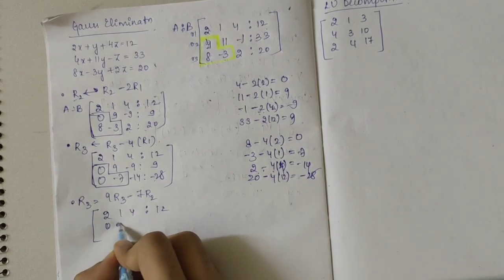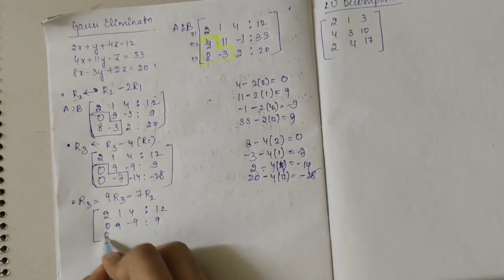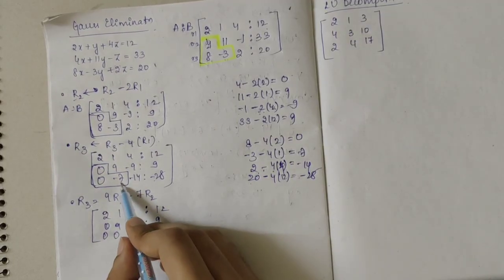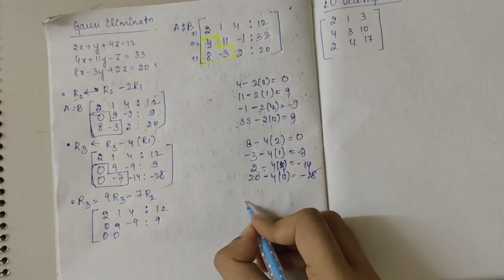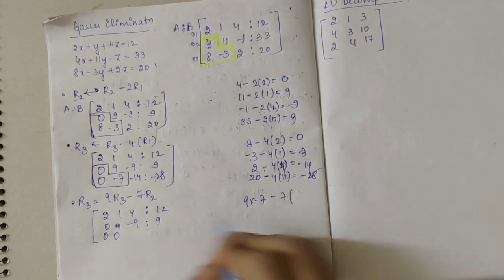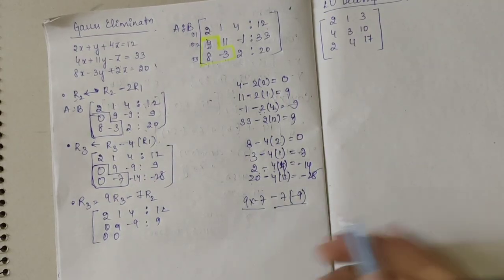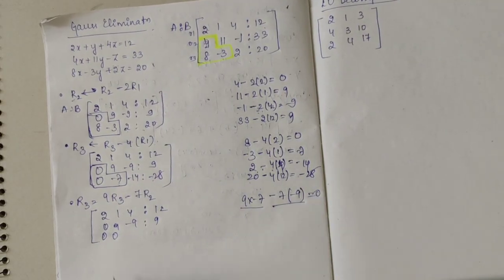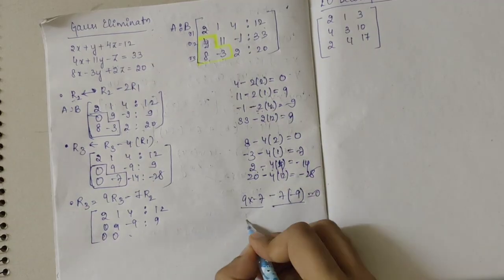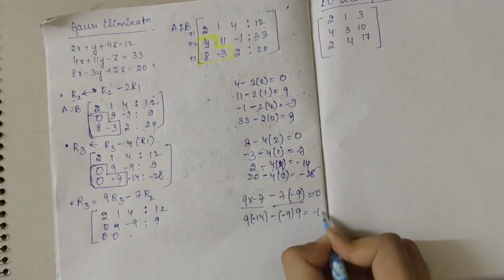Here also 0, 9, minus 9 and 9 as it is. Here 0, 0 would be there. Here I'll get 0. That I'll explain. 9 into minus 7 minus 7 into the R2 value, which is 9. So 9 into minus 7 and 7 into 9, I get 0. And here I get 9 into minus 14 minus 7 into 9, that is minus 189.